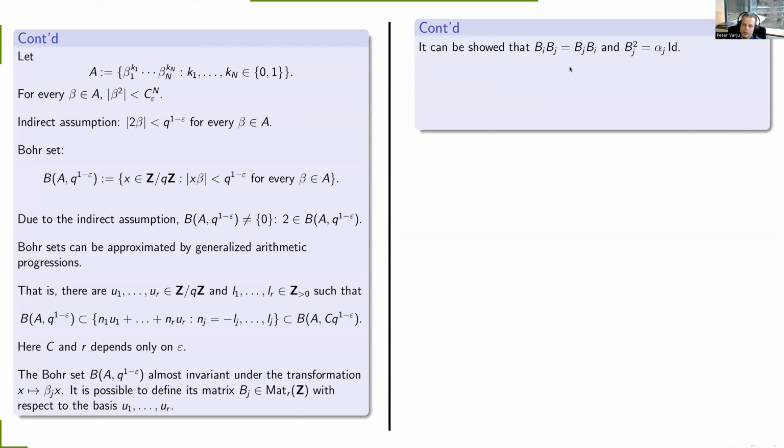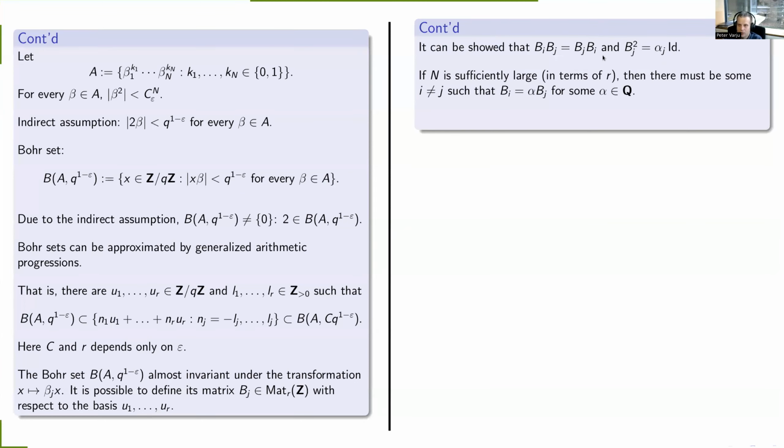Okay, so at this stage, I can forget everything. And I just think about r times r integer matrices, which are commuting with each other, and their square is a scalar matrix. And then I can ask myself the question, is it possible to have such matrices?